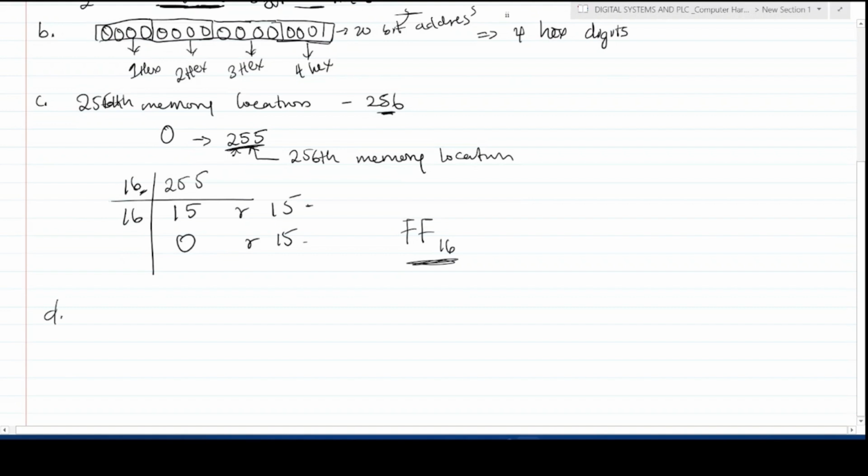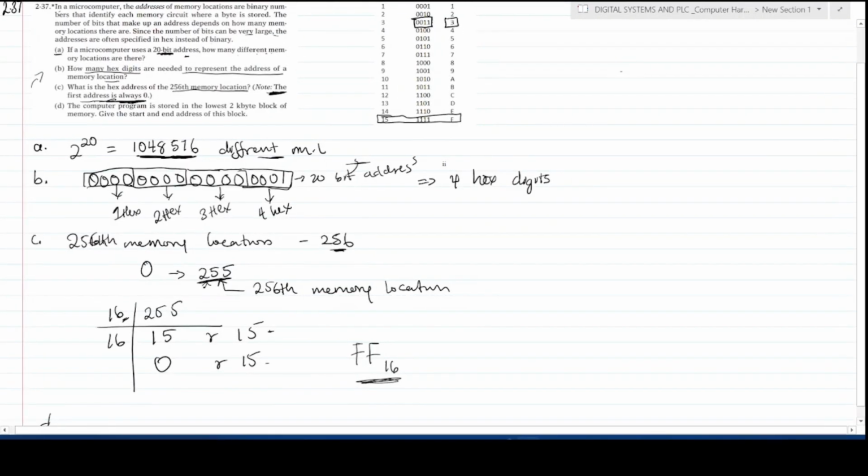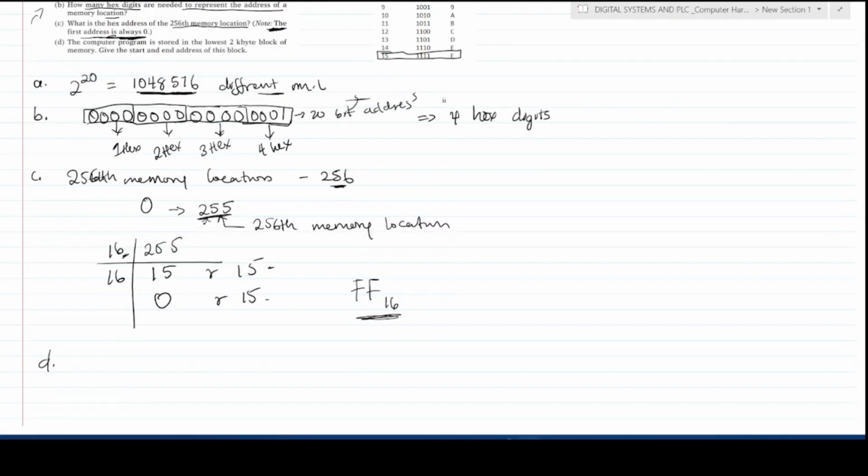Then for D, it's asking: the program is stored in the lowest 2 kilobytes block of memory. Give the start and end address. So first, I need to know the number of bytes in this system. I know 1 kilobyte is equal to 1024 bytes. So therefore, 2 kilobytes will be equal to 2048 bytes.